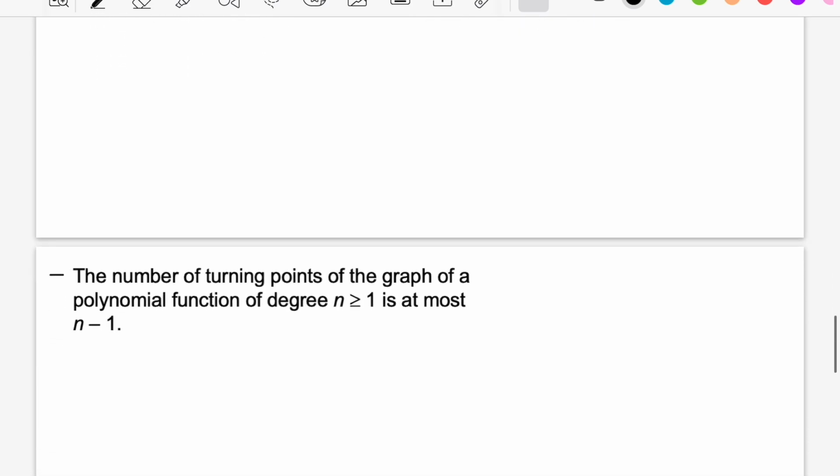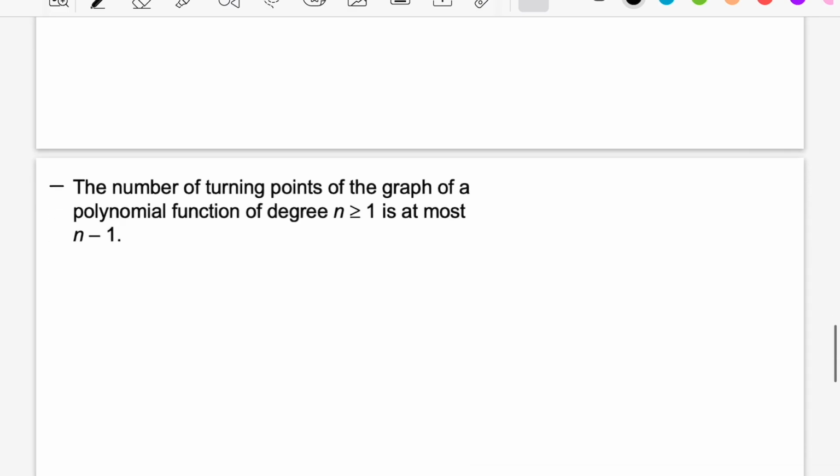Something to note here is that the number of turning points of the graph of a polynomial function of degree greater than or equal to 1 will be at most n minus 1. Okay, so let's look at a few examples here. If we had this linear function here, our degree is the power of this guy, and that's just 1. So n is equal to 1.